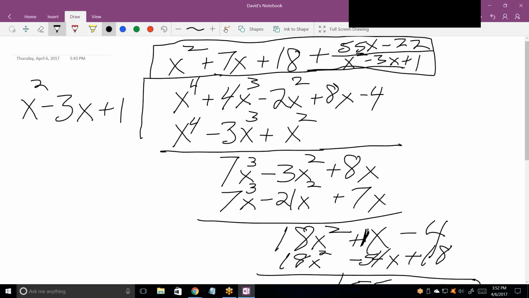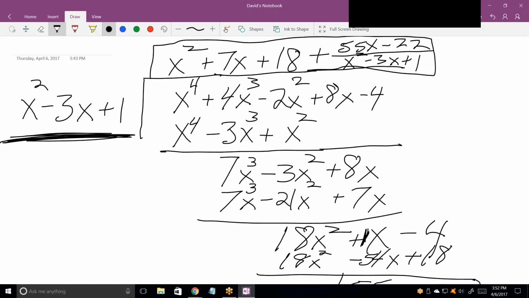Exactly like that. And you don't need to put R. You don't need to call that a remainder. You could say remainder of 55x minus 22, but what a remainder means is the remainder divided by your divisor. And so this is the exact answer.